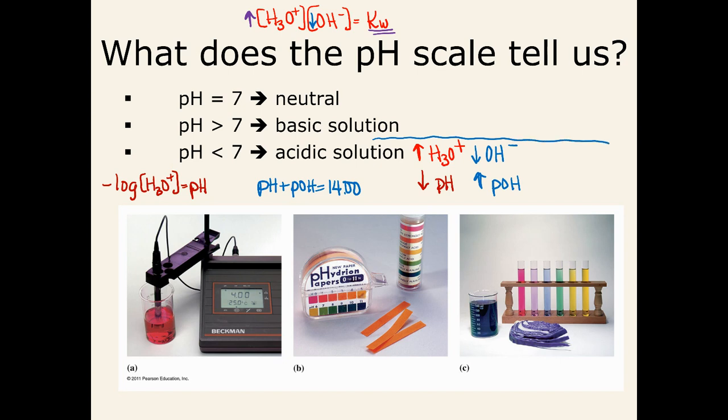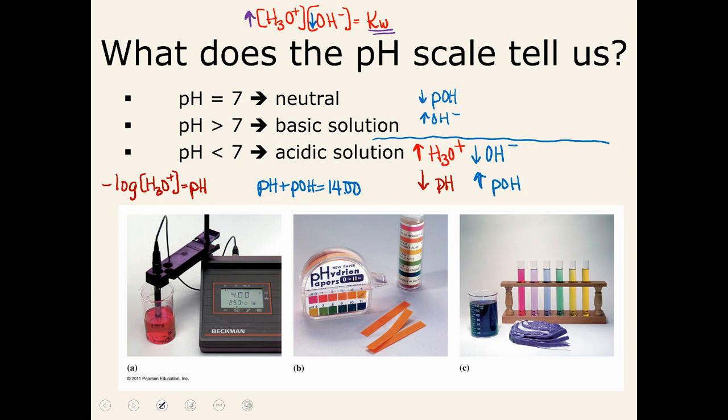In a basic solution, we see an increase in hydroxide because that's what bases form, OH minus. That means we would see a decrease in pOH. And then the other one is the reverse of that.